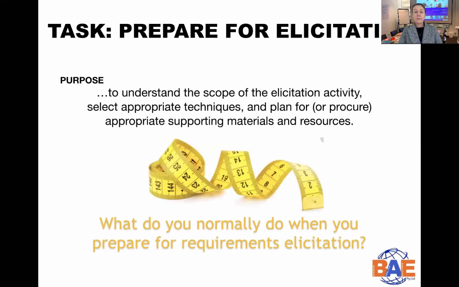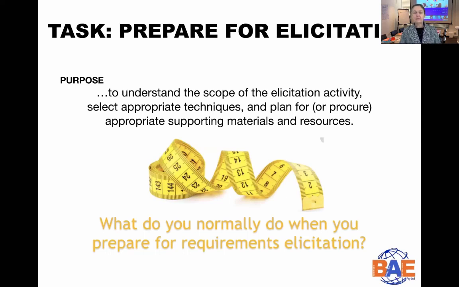If we go back to the BABOK guide and look at how they define the purpose of this particular task, it is to understand the scope of the elicitation activity, to select appropriate techniques, and to plan for or procure appropriate supporting materials and resources.